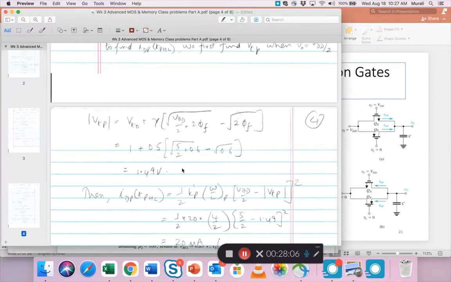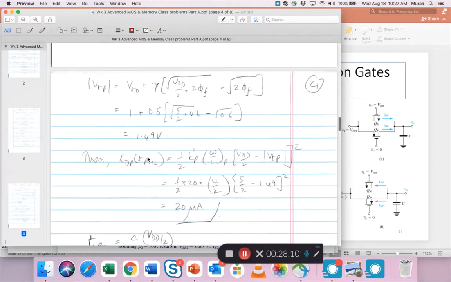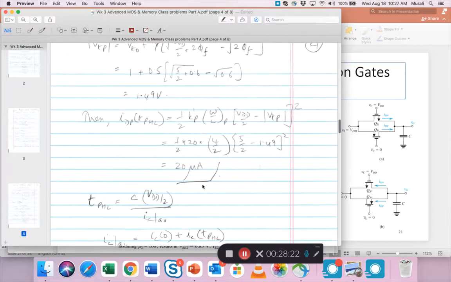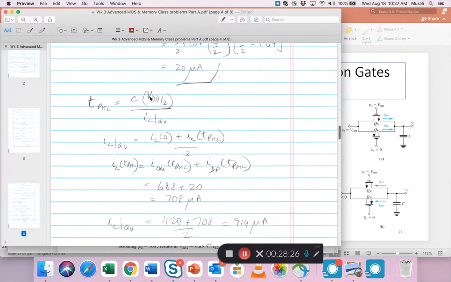Okay? So then you can find dP at this time, at the exact point where your TPHL happens. This is just the saturation formula, and you get 20 microamps. So to find TPHL, you use this formula including the capacitance.